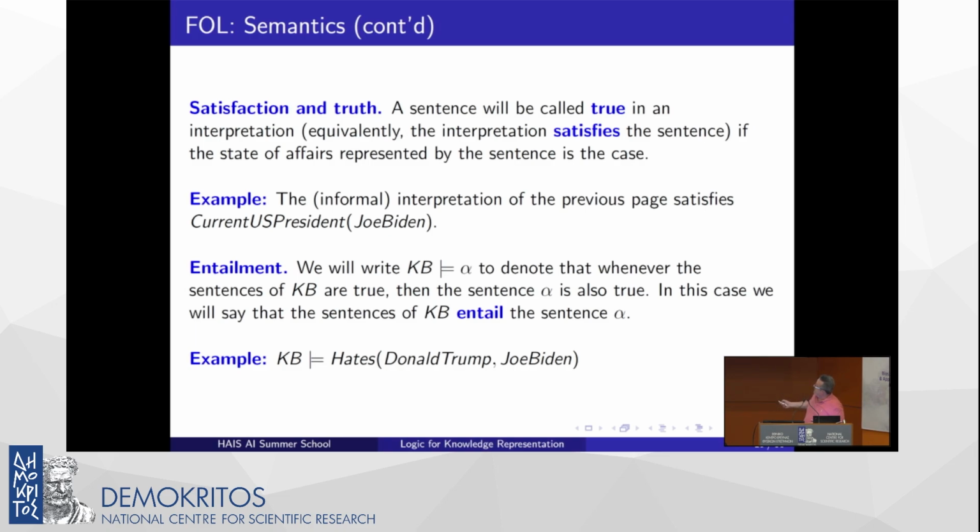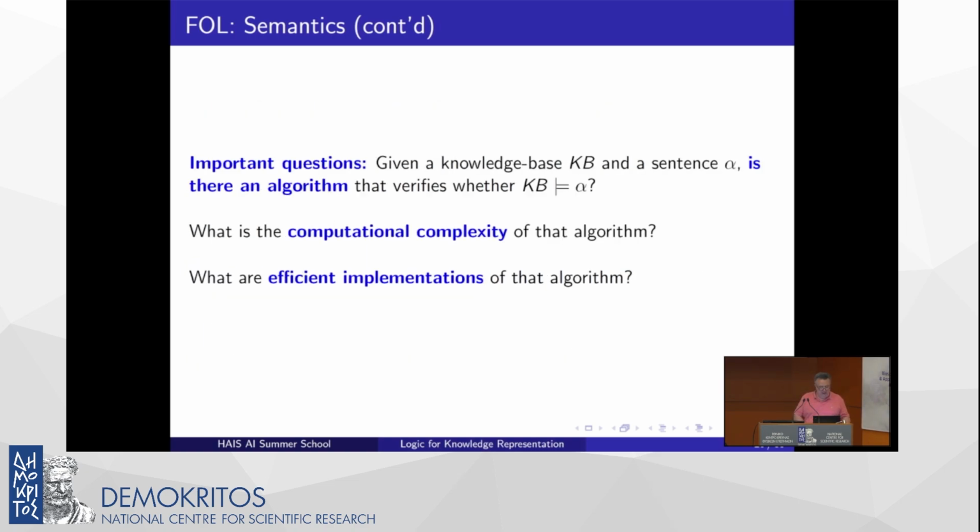This is the notion of entailment. So actually you can show using the formal machinery that I haven't shown you that from the KB that I just showed you, this entails hates Donald Trump, Joe Biden, and vice versa.